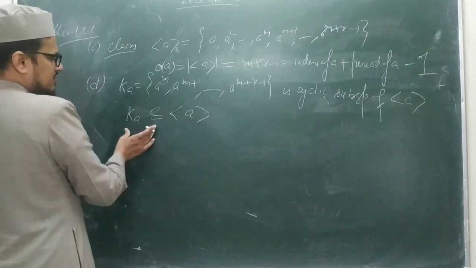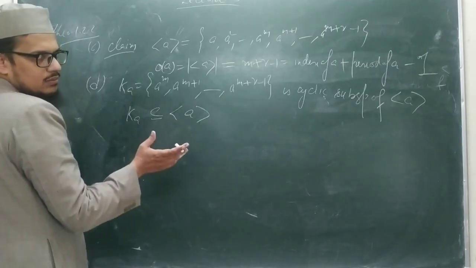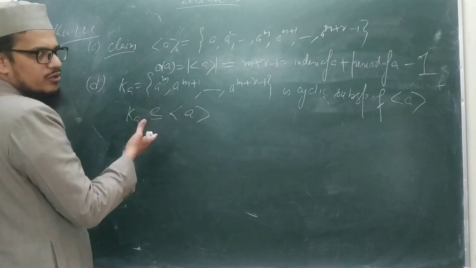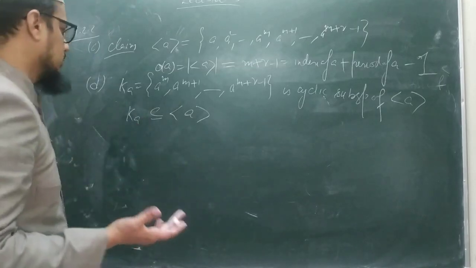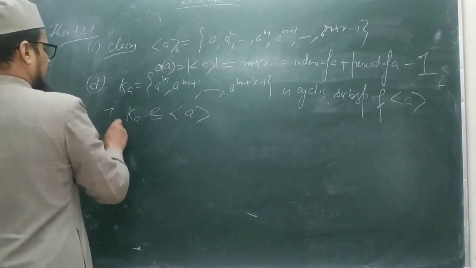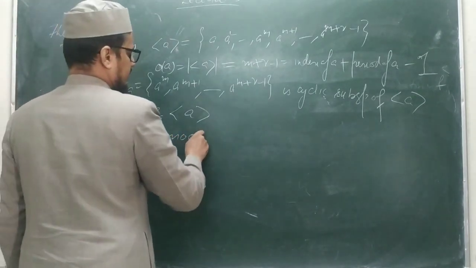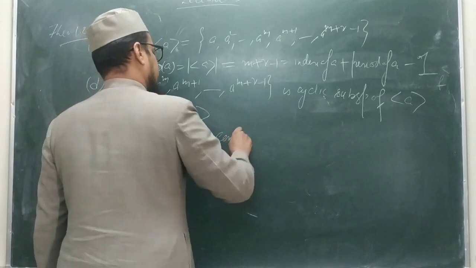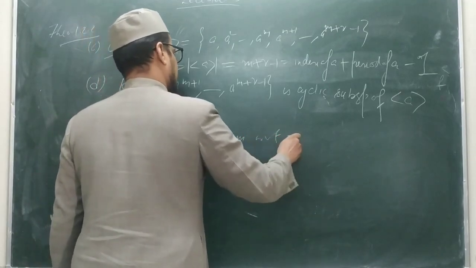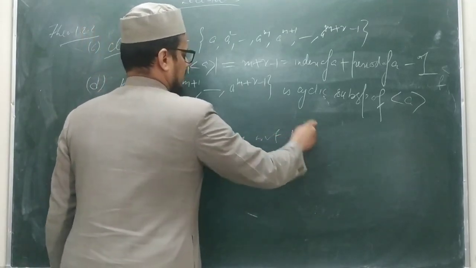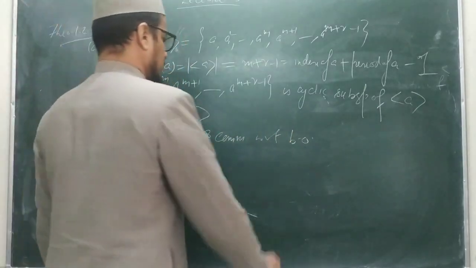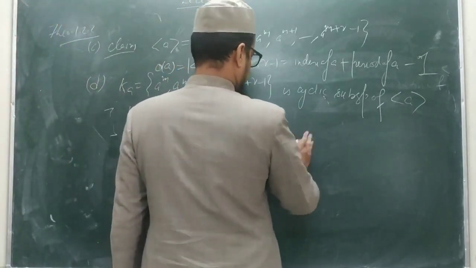So being a subset of this, it will follow associativity. Also, it is a commutative operation. We follow both. Therefore K is associative and commutative with respect to the same binary operation.